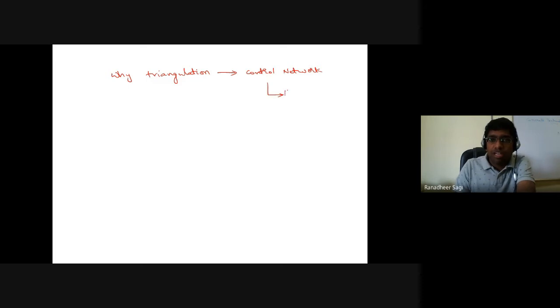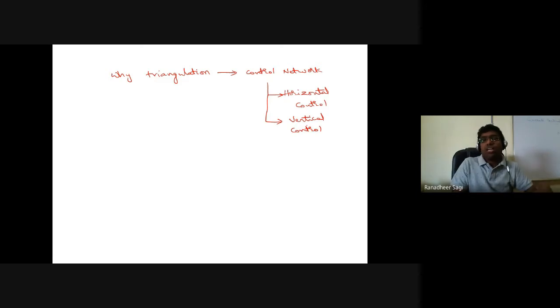Now, what kind of control network are we trying to prepare? We are going to be looking at what is called a horizontal control network, and subsequently we'll also come across what is called a vertical control network. It's not only about the horizontal plane, where we identify the salient features of that survey field.